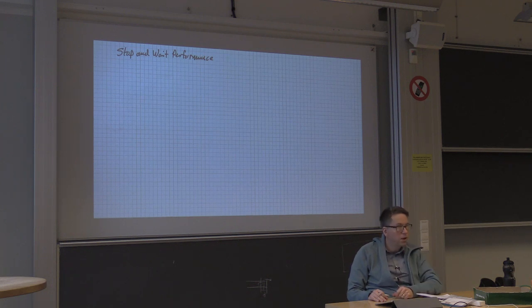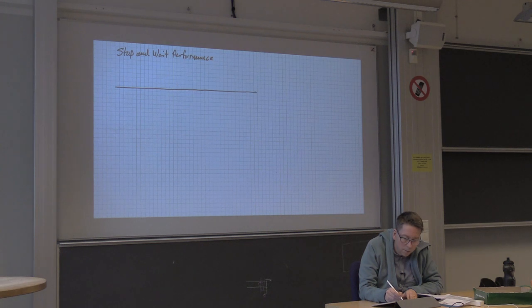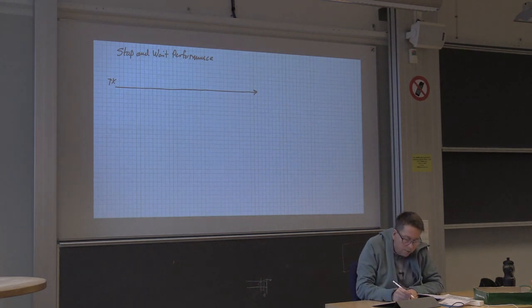What one typically does then is to draw a timing diagram where we have the transmitter and receiver, and see how different events at the transmitter and receiver result in the service data unit being delivered. So let's draw a timeline here from the transmitter's point of view, and then we have a timeline for the receiver.